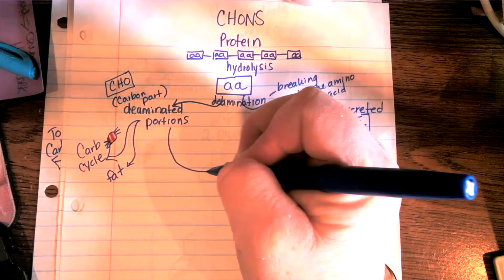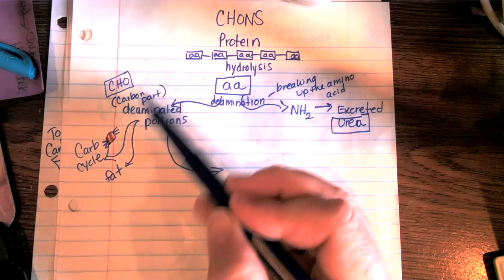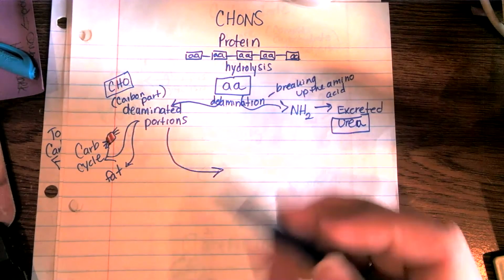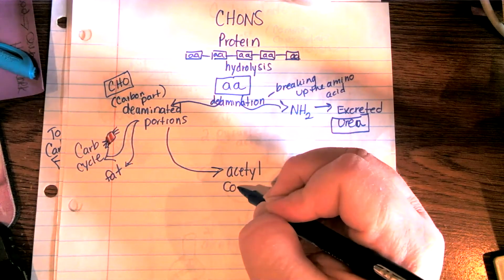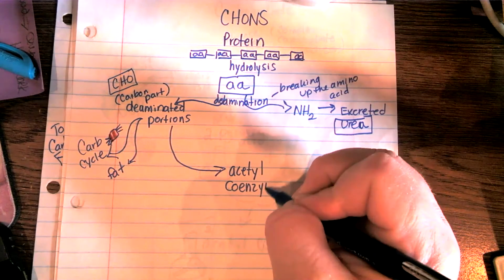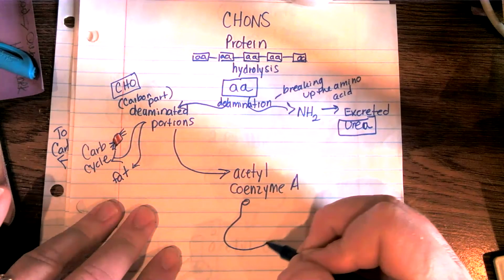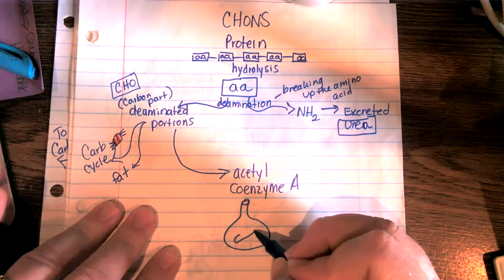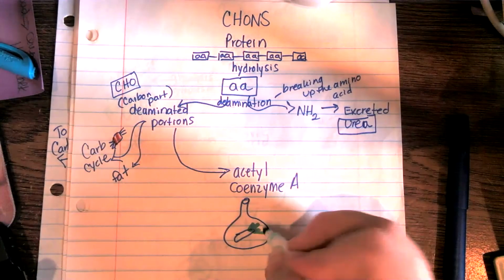Or we can use that deaminated portion, that carboxyl group, to make acetyl coenzyme A. And then, friends, it's just the same thing all over again.